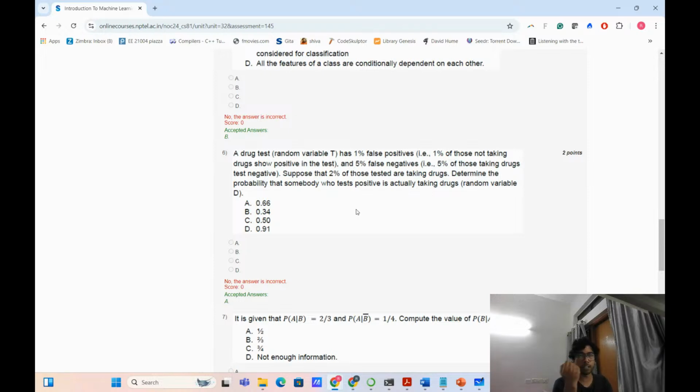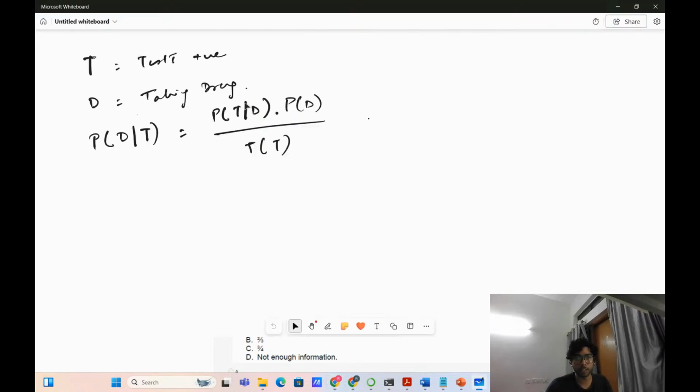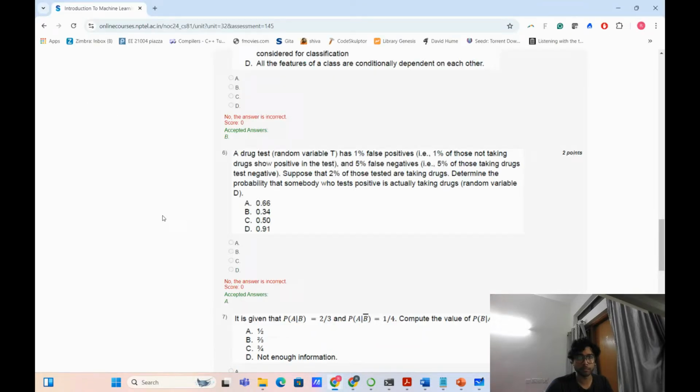So on the right side of the slash, you have to take into account what is given. Given that he tests positive, what is the probability that he is taking the drug? That's what I have written in this probability form. Can you do it now?